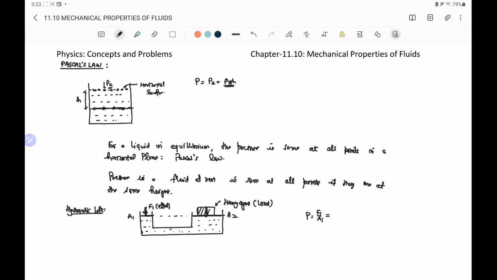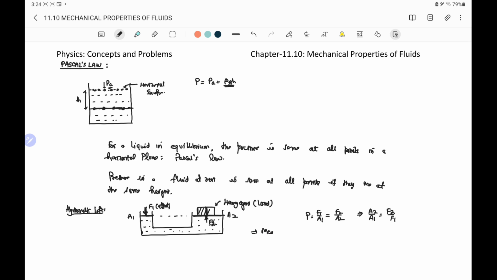So the pressure at the second piston will also be the same, P equal to F1 by A1, which is also equal to F2 by A2 if the force on the second piston is F2. Therefore, we can write that A2 by A1 is equal to F2 by F1.